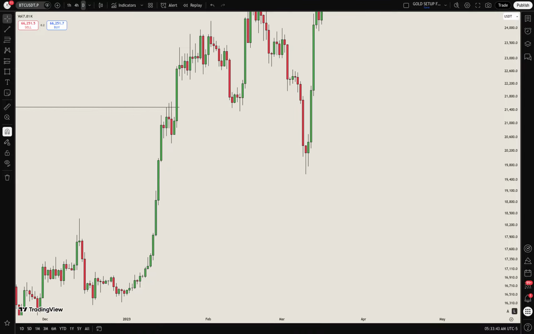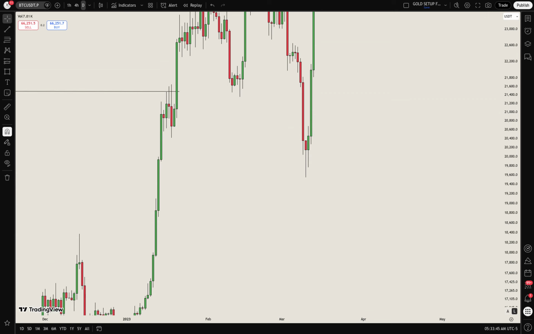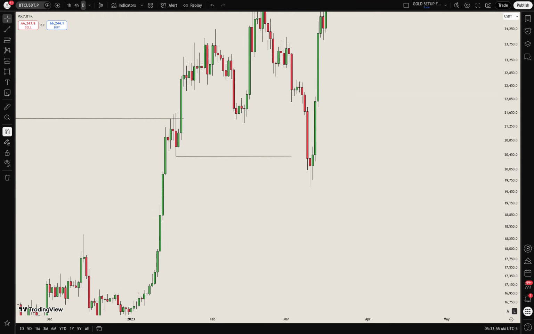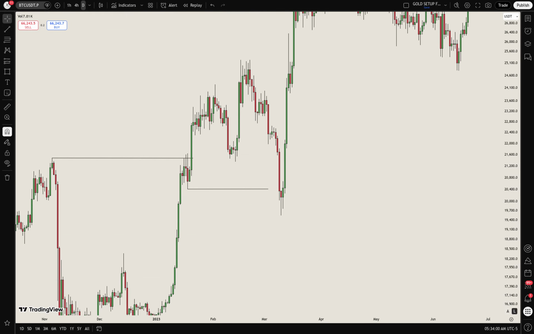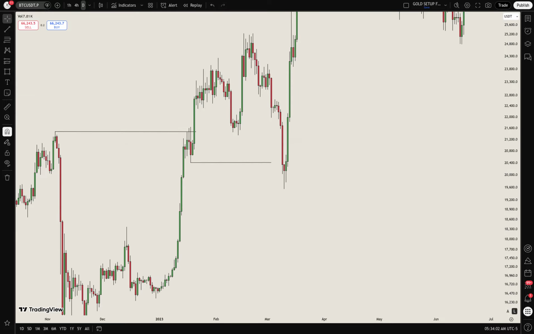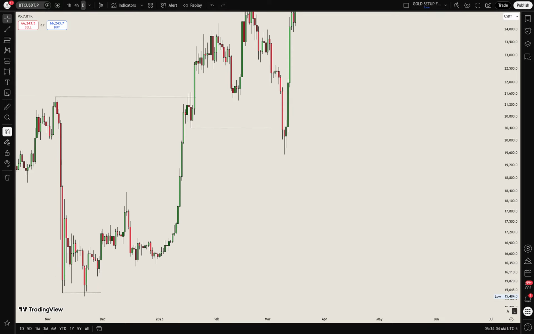It only closed above after market pulled back, which is here. Market pulled back here and then went to break structure for the first time. Remember, a break of structure only happens after we see a full body close above or below.